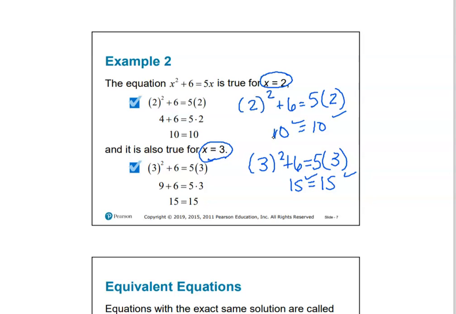It's not linear, because it has an x squared, and if we were to graph it, it would make a U. So on the graph, it makes sense that it would have 2 answers because it has 2 places across from itself that would give you the same value for y. I don't expect you to understand all of this, but this is why that happens. So both of those, 2 and 3, actually work for that equation.